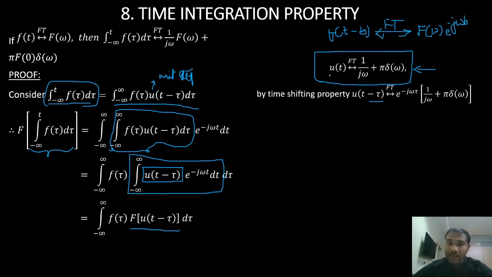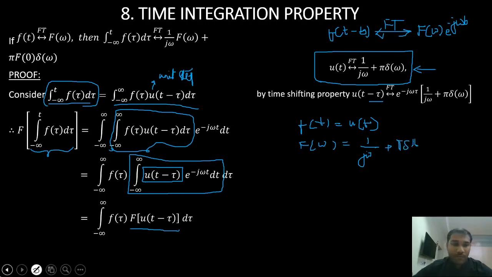Here f of t is u of t, and F of omega equals 1 by j omega plus pi into delta of omega.